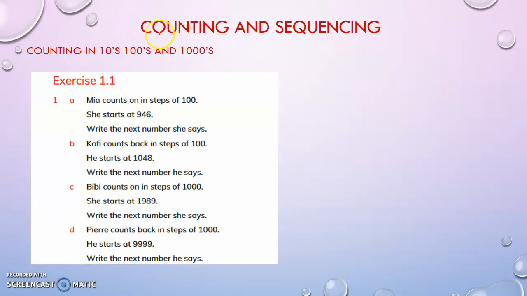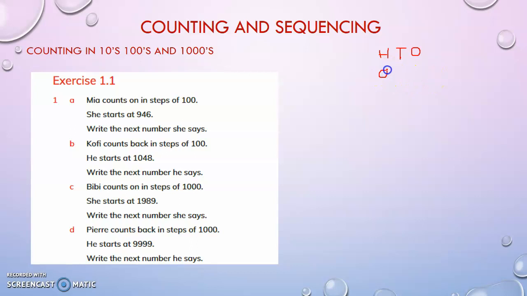Now counting and sequencing. Counting in tens, hundreds and thousands. Mia counts on in steps of 100. So let's write the place value chart. Hundreds, tens and ones. For hundreds, the hundreds place value changes. Digits remain as such.